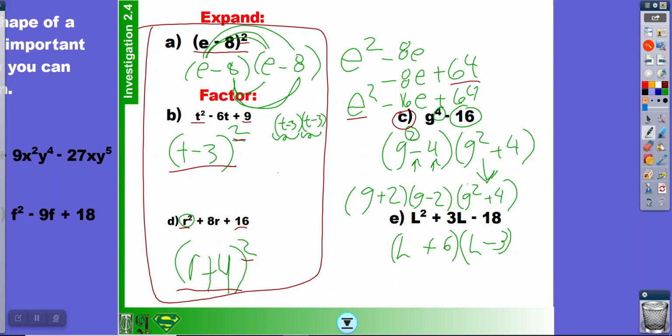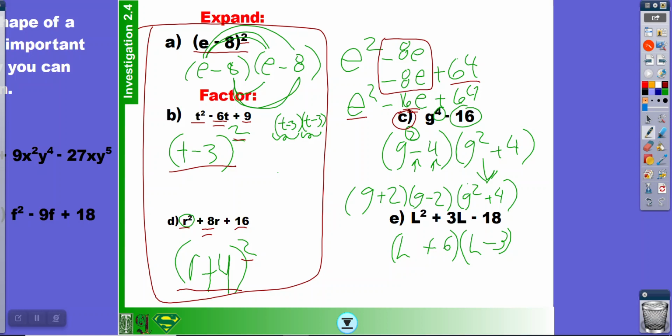But unlike a difference of squares, in expanded form, we have a linear term. All of them have a linear term. And notice how that linear term is created by having 2 of the same things. We have 2 8e's. They're negative in the first problem.